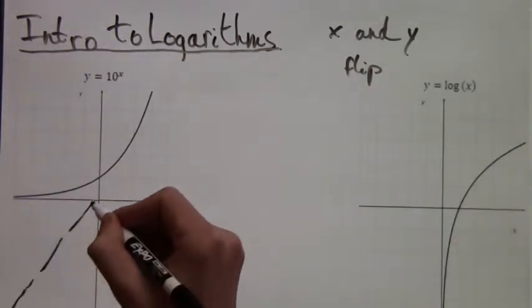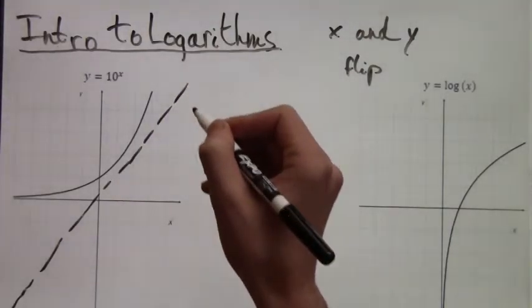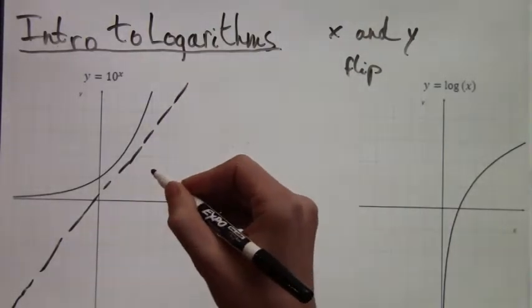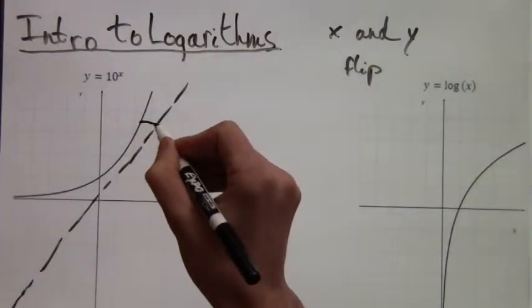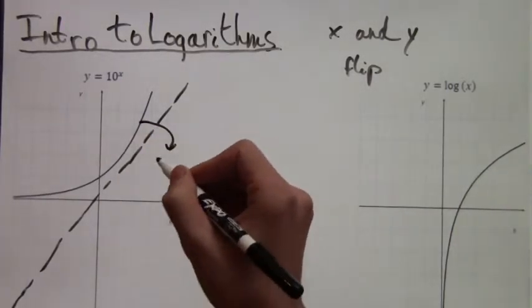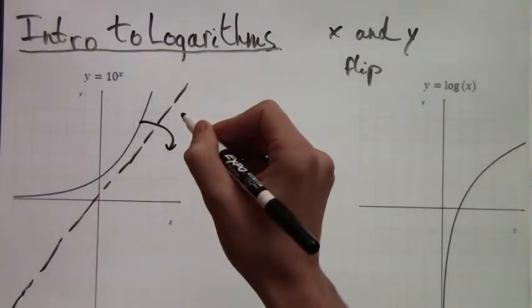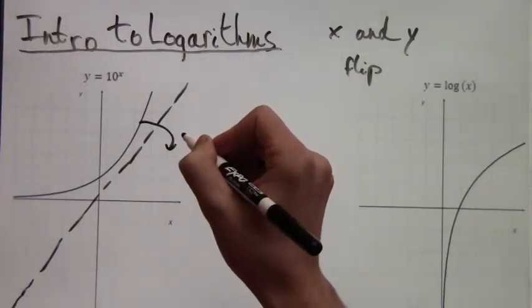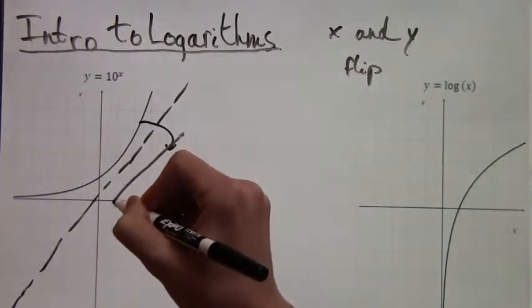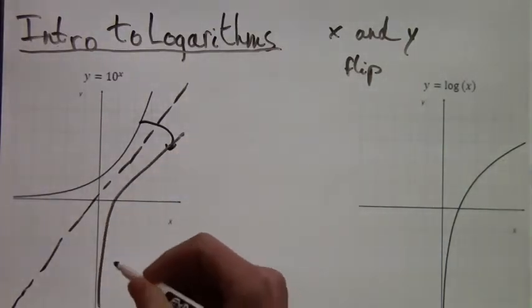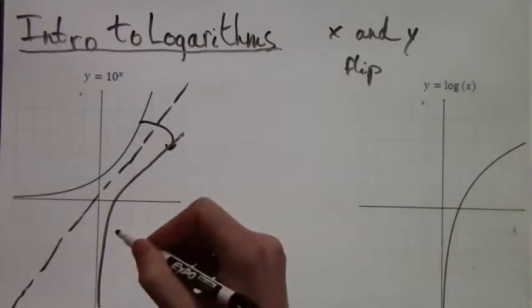So here I'm drawing this dotted line. It's actually the line of y equals x, but that doesn't matter that much right now. And we get the logarithm by flipping 10 to the x over this line. So if I sketch the mirror image of 10 to the x, then I'll get the logarithm function.